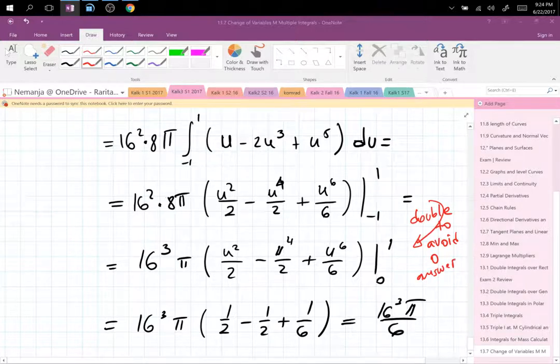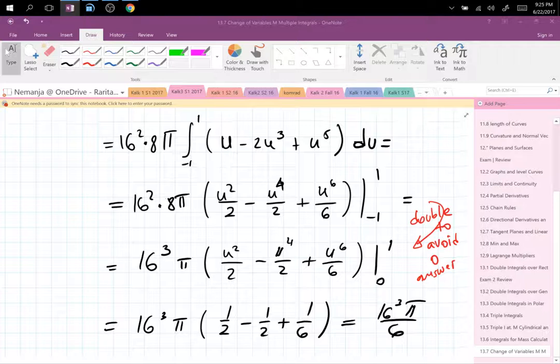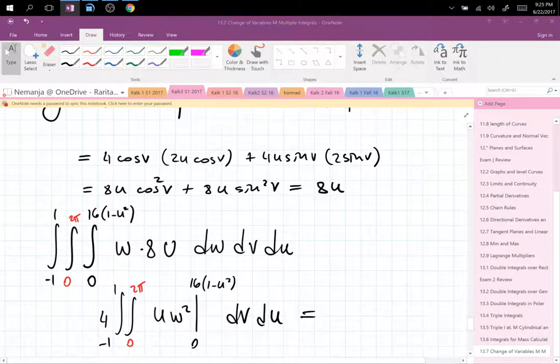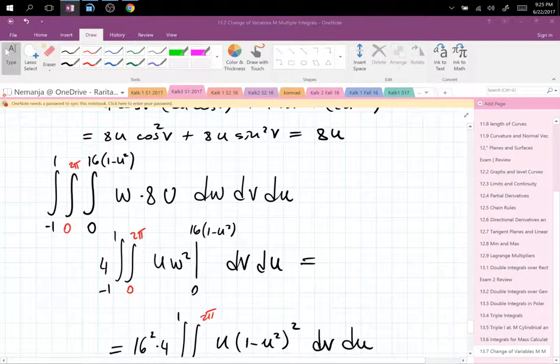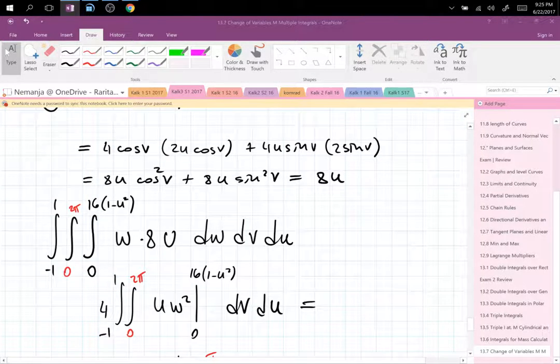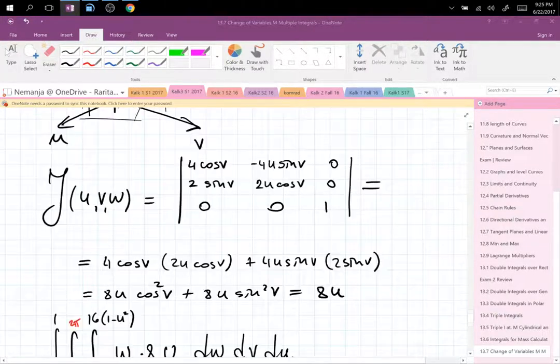So from -1 to 1 would give us a 0 and kill the problem. So because we are on the even function symmetric interval, we cut from 0 to 1 and double the answer. So that's not the reason why it's double. It's somewhere before in integration or transformation where the answer should be twice less. So maybe this is not 8u, maybe it's 4u if I didn't take the derivative right or something.